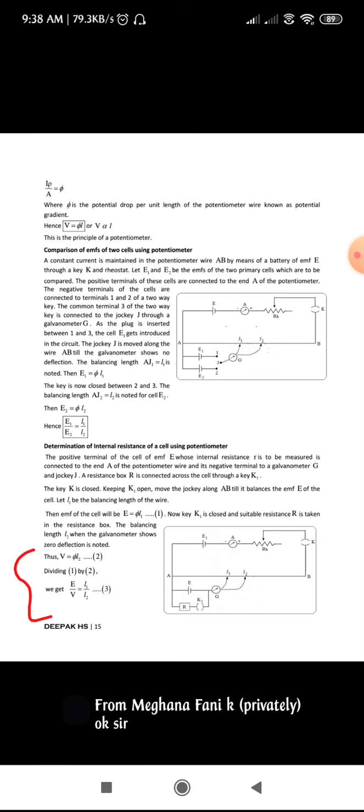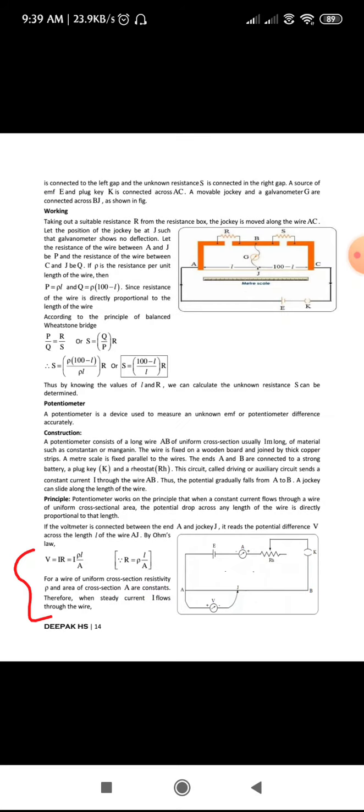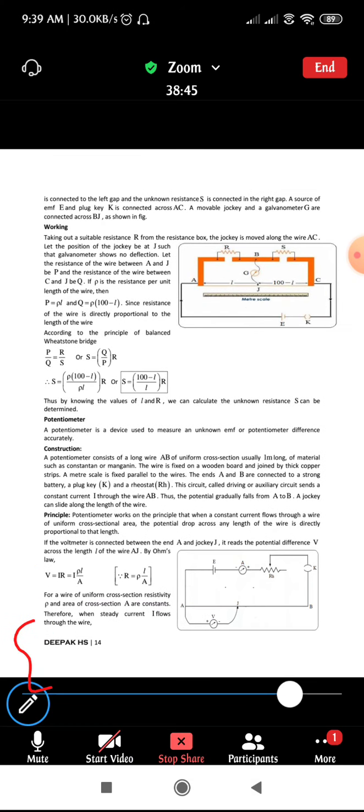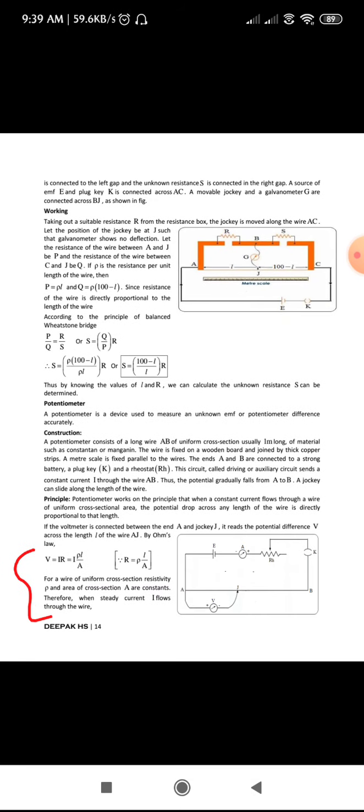Since we have only 2 minutes left, I'll end today's class. In the next class I'll start with the potentiometer again. In case you have any doubts, you can get them clarified. Before that, make sure that you have gone through this topic, potentiometer, once.